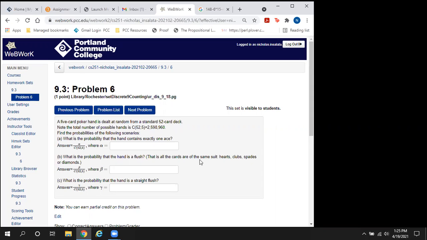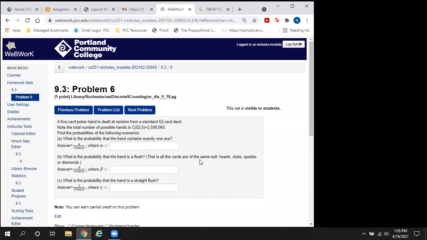Well, first of all, what does probability mean? Someone want to explain that? The likelihood of something to happen out of the total things that could happen, right?